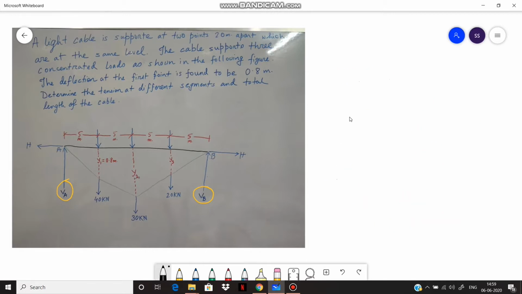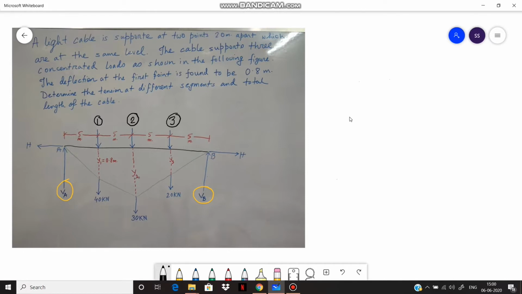Now we have to calculate the beam moments at points 1, 2 and 3. That means the point 1 is here, that is under the first load, that is under the 40 kilonewton load. The second point is under 30 kilonewton load, and the third point is under 20 kilonewton load.